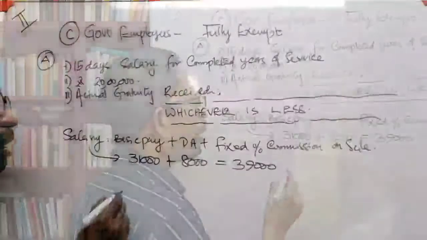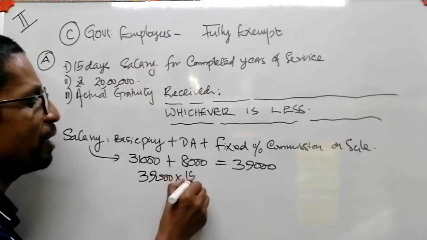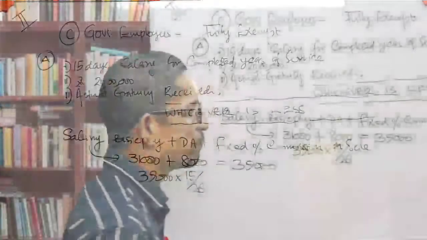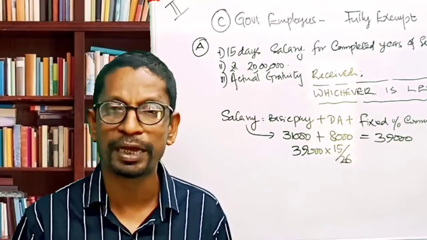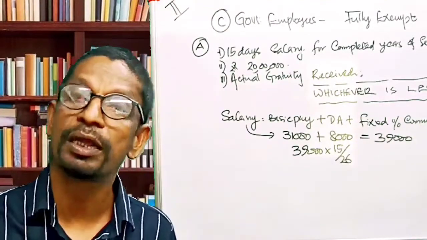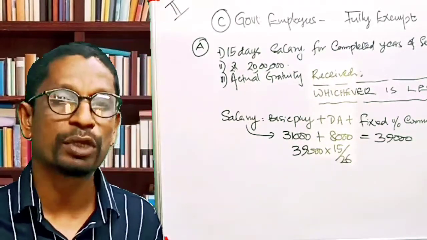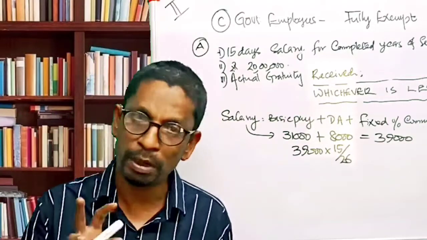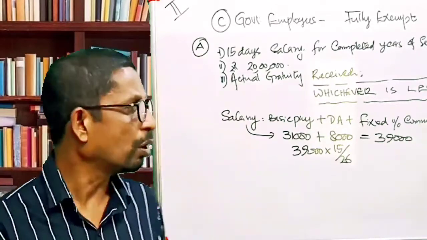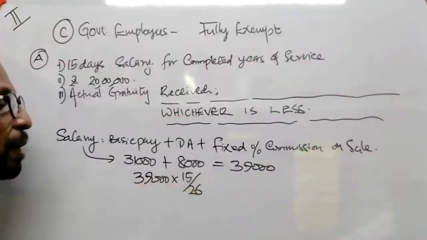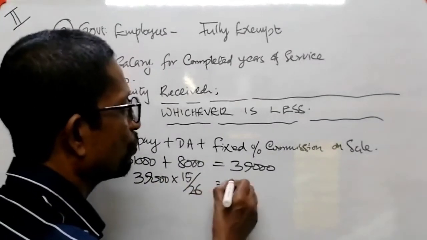So 39,000 into 15 by 26 only. 15 by 26 because why? As per the conditions of the Income Tax Act, 1 month consists of only how many days? Only 26 days. That means we are not taking 30 days, we are taking only 26 days. That is important here. So 39,000 into 15 by 26. That is how much now? That is 22,500.